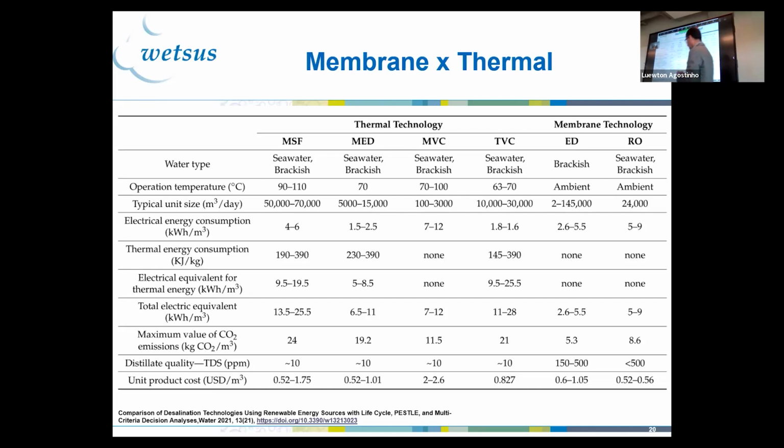Electric consumption was very different before, but reverse osmosis has become quite competitive now. And the thermal energy consumption is also, of course, much higher here, but you can only justify the thermal processes if you are close to a thermal source, to a refinery.